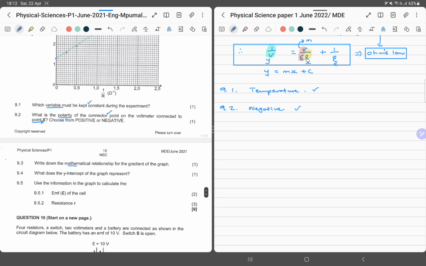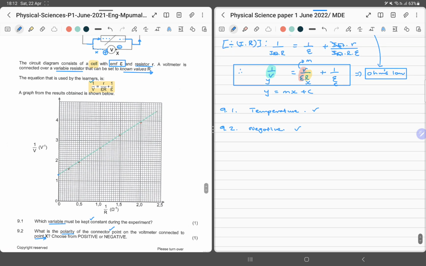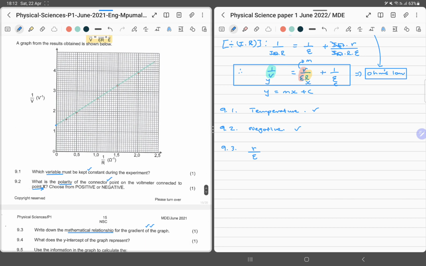Then the next question says, write down the mathematical relationship for the gradient. Okay, in this graph, the gradient we can see here, looking at what we just interpreted, is r over the EMF, because that is what is the constant thing.